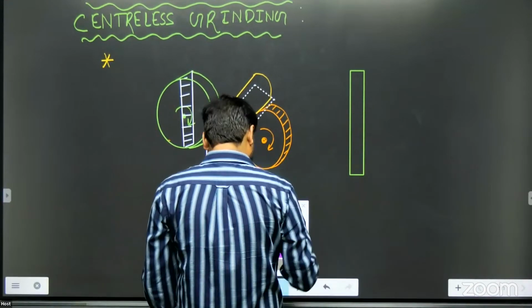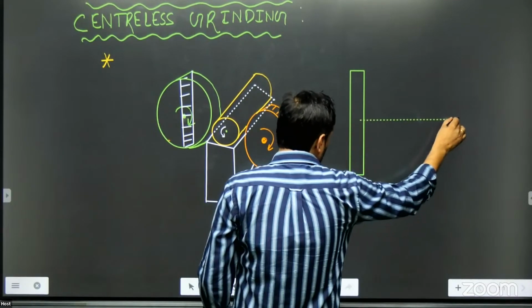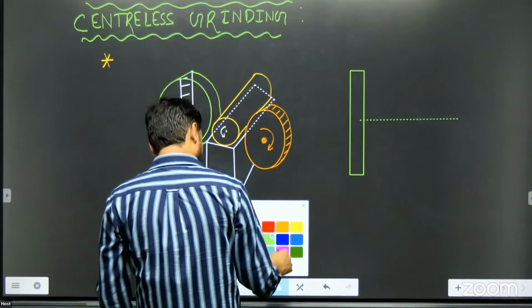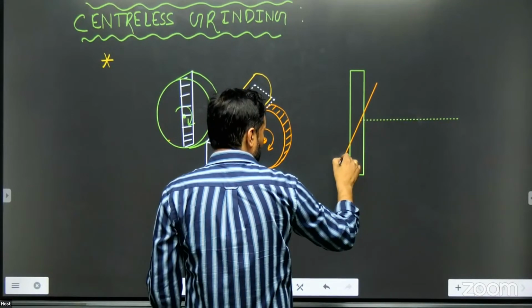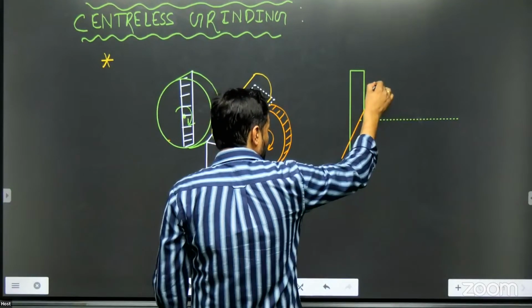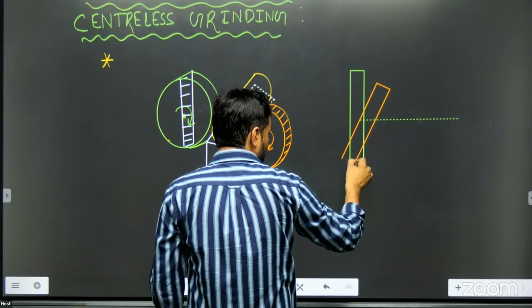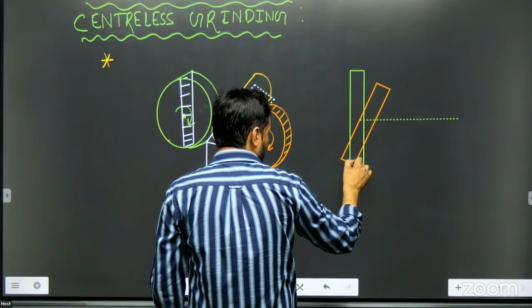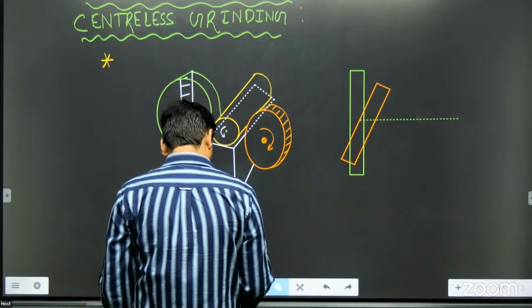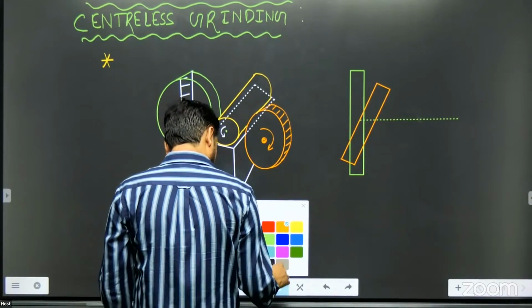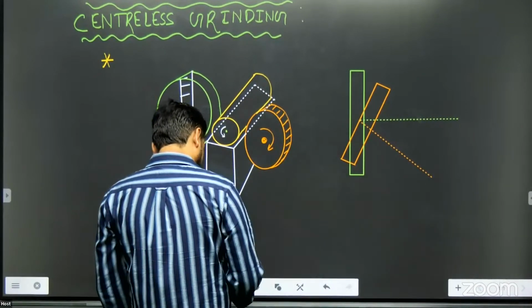The grinding wheel's axis is like this, and the regulating wheel axis is like that. So if you observe, there is this angle between them, right?